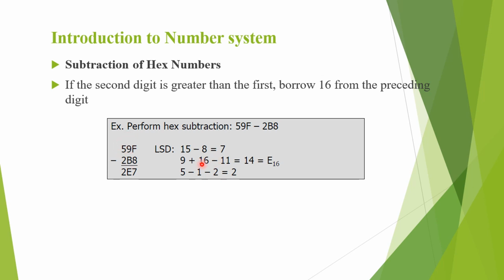So 9 plus 16 minus 11 will give us 14. 14 is represented as E, so E is written in the result position. Next, you have borrowed 1 from this value 5, so you are left with 4. 4 minus 2 is 2. So this is how you perform hexa number subtraction.